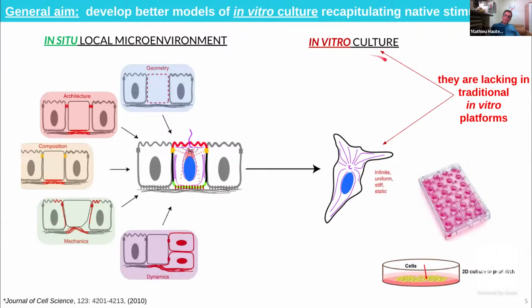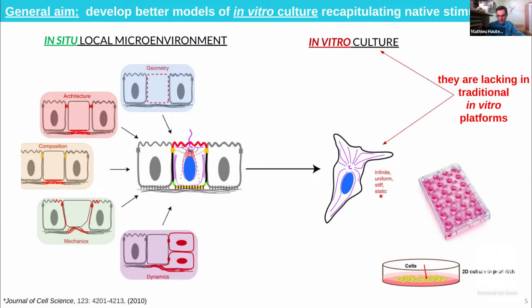Unfortunately, in vitro, the traditional culture platforms are infinite if you compare to the scale of a cell. They're very uniform, very flat, also very stiff. If you know a little bit about the elasticity or Young's modulus that Pierre-Henri was talking about earlier, of a tissue, it's in the kilopascal range, but when you use a plastic or glass, it's in a gigapascal range, which is way beyond what you would expect for a cell.